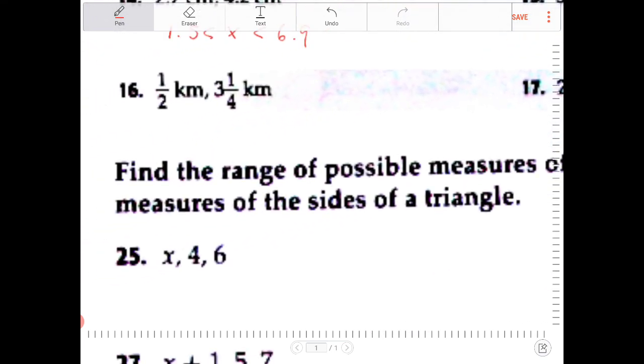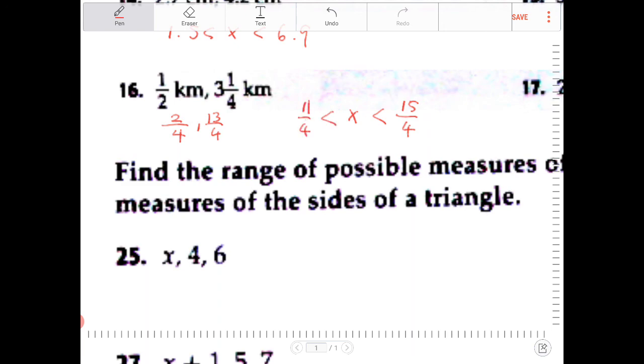Okay, 1/2 and 3 1/4. So 1/2 with a denominator of 4 is really 2/4, and 3 and 1/4 is 13/4. So I want to add them together, and that will be 15/4. Subtract them, I get 11/4.